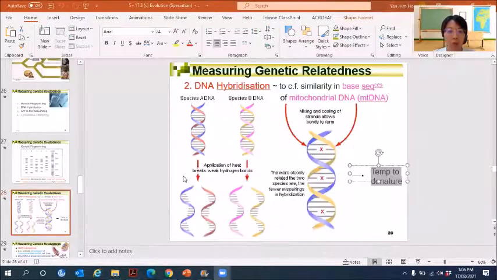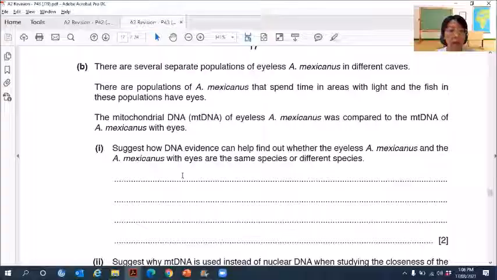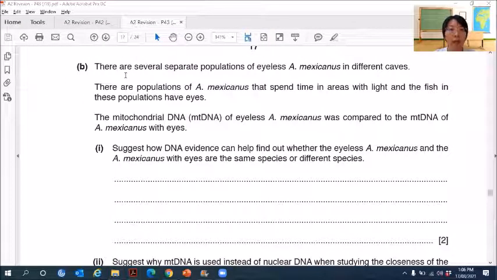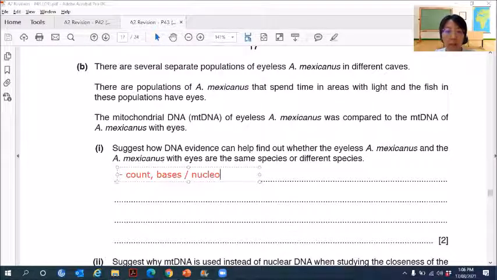Okay. So for the question, how do we obtain the evidence to make the conclusion is we count the number of bases or the nucleotides.